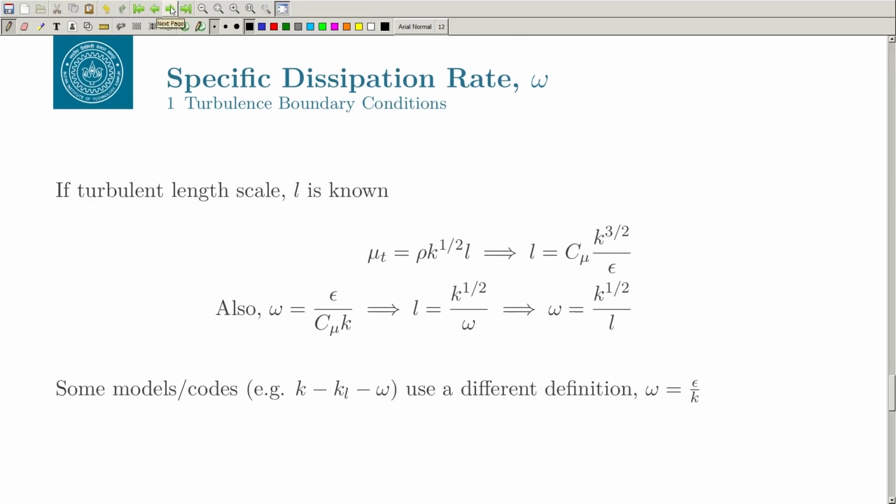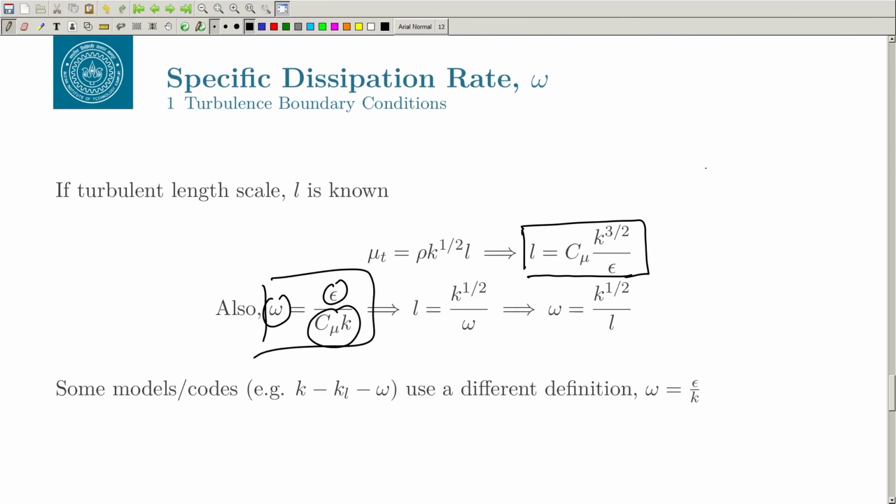If the length scale is known, okay, we will be using this relation. This is coming from the k epsilon model, but this epsilon is related to k by this relation omega equal to epsilon by c mu k. Okay. And this you can easily get, because if you have mu t, or let us call it nu t, it is equal to c mu k by epsilon is equal to c mu k by omega.